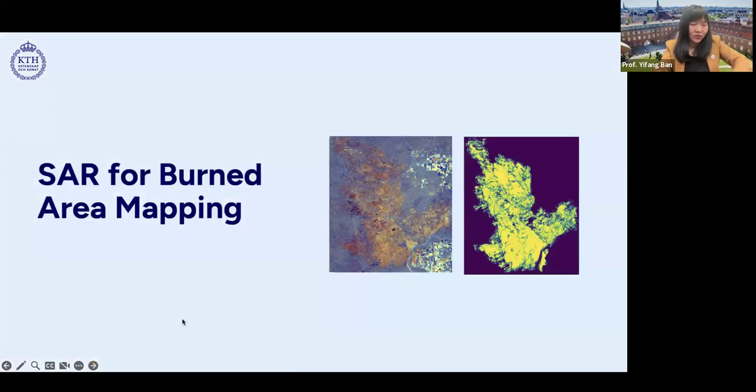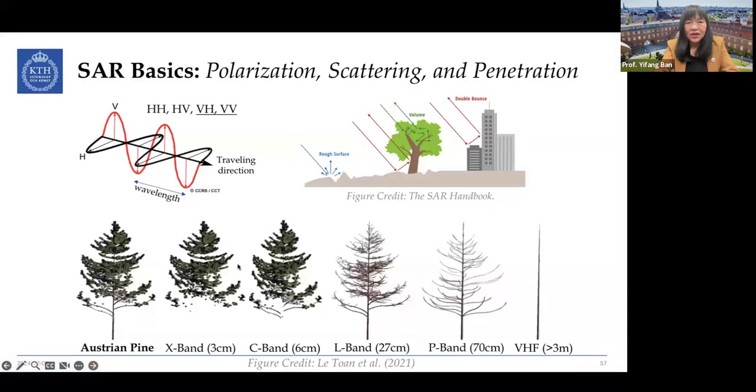Now we're moving to radar. So how do we use SAR for burned area mapping? For some of you who have not used SAR, just to show, SAR has different wavelengths, from X-band short wavelengths to P-band much longer wavelengths, and how an Austrian pine looks on these different bands.